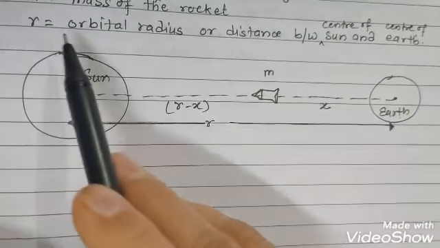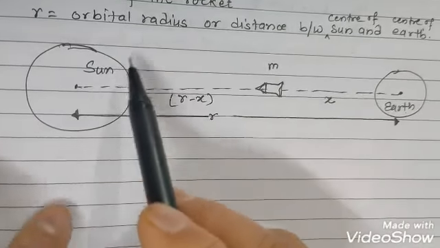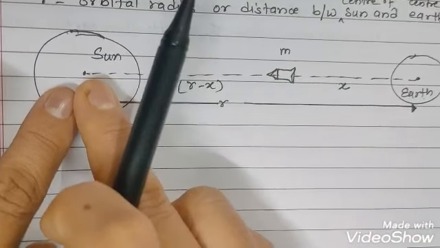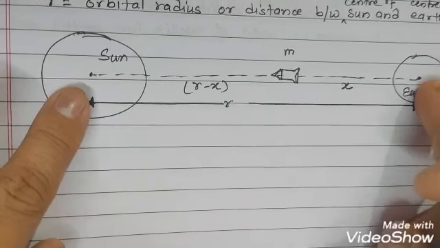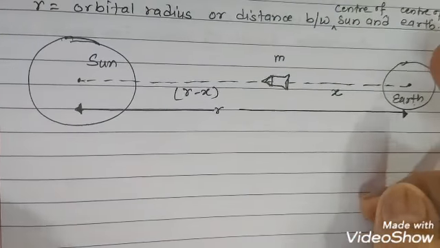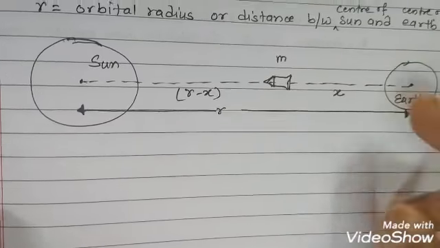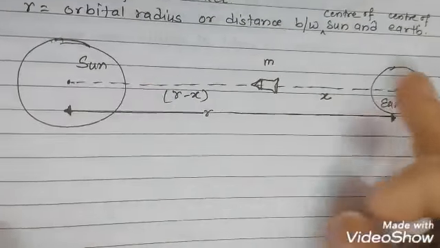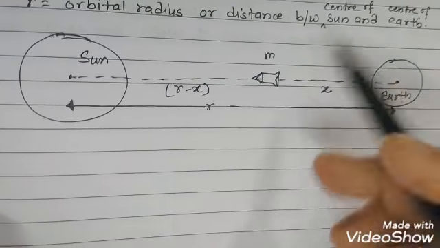Okay. Now the orbital radius. Orbital radius means the radius of the orbit in which the earth is revolving around the sun, or you can say the distance between the center of the sun and the center of the earth, that is r.